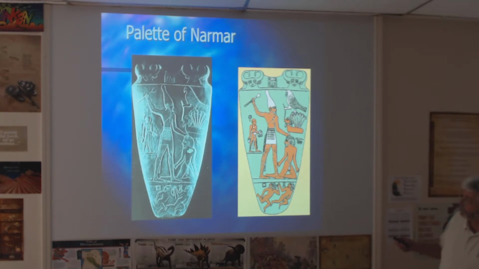Can you tell what this guy is? He's holding Menes' sandals. He's his sandal bearer. Okay, what do you think these guys are down here? They're dead. They represent all the people that he killed.